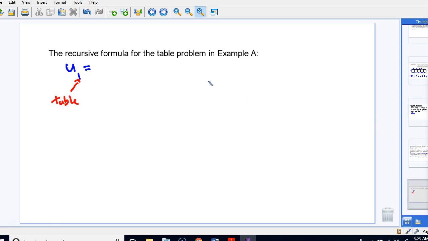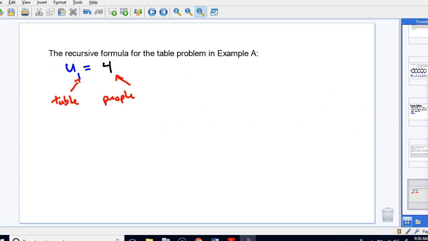And then what it equals, we have 4, that's the number of people. So u sub 1, 1 meaning the table number, is 4, that's the number of people. So that's part of the recursive formula.